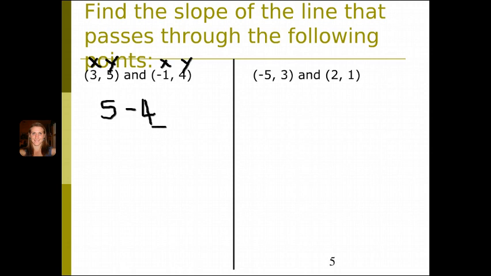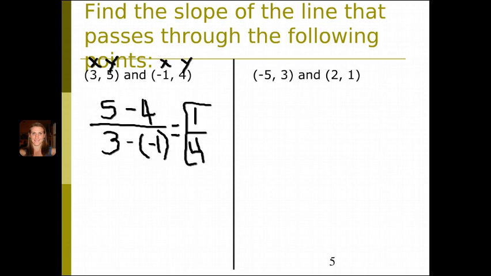All of that goes over top of my first x value, which is a 3, and I'm going to subtract my second x value, which is a negative 1. 5 minus 4 is 1, and 3 minus negative 1 gives us a 4. The slope of the line that passes through those 2 points is 1 over 4.